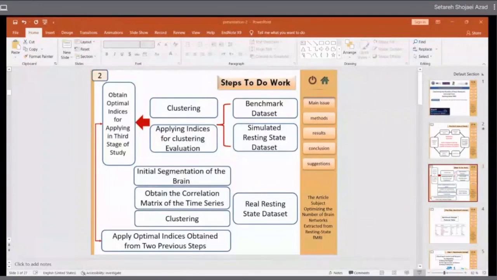And with the Scheffé statistical test, we check their accuracy and how they work.